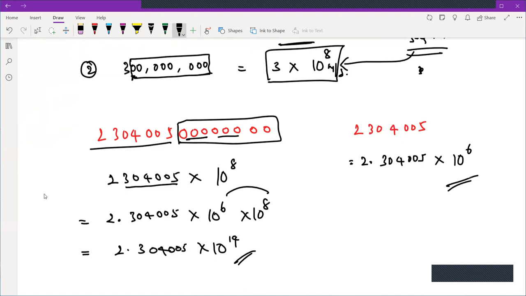Sir, so you're telling if there is a number in the ones place and not zeros, we have to just do this. That's all, right? Yeah, if there are no zeros after 5. Okay, sir.